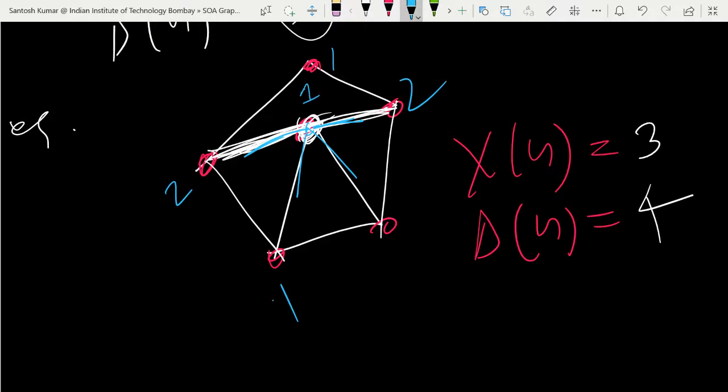Make it 1. So 1, 2, 1, 2, and then this is 3. No. So 2 you can put here and 3 you can put here. Fine.